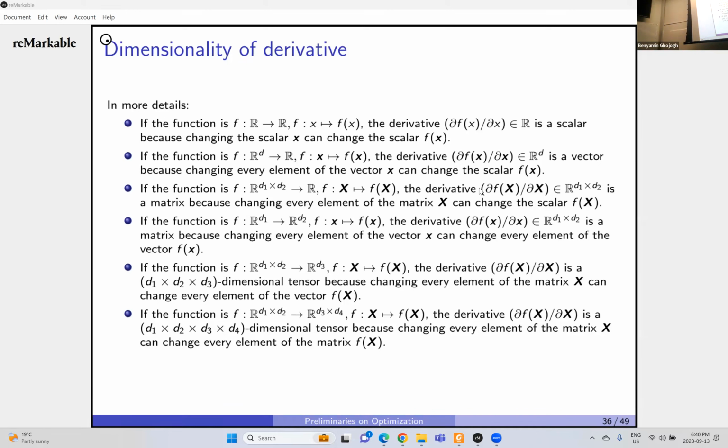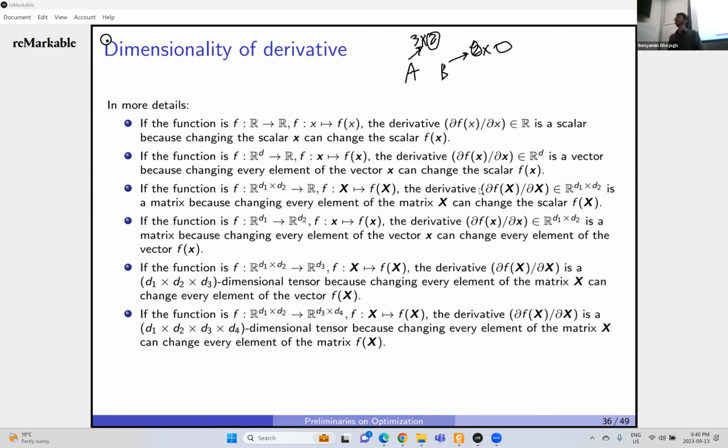Why? Because if you transpose the derivative and don't transpose the other elements in your mathematical expression, it will be nonsense in terms of matrix multiplication. So matrix multiplication of A times B, for example. Assume this is 3 by 2. This can be 2 by anything, right? But these 2's should match.